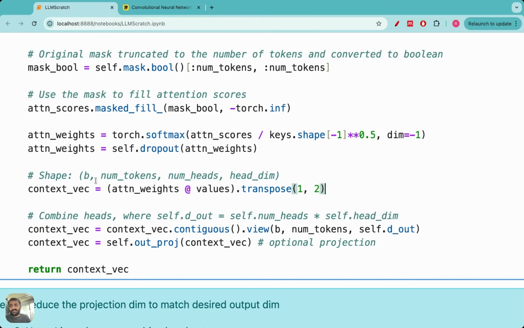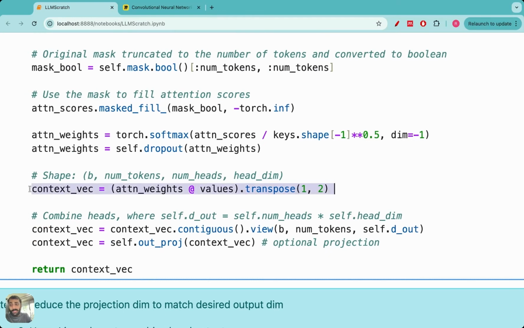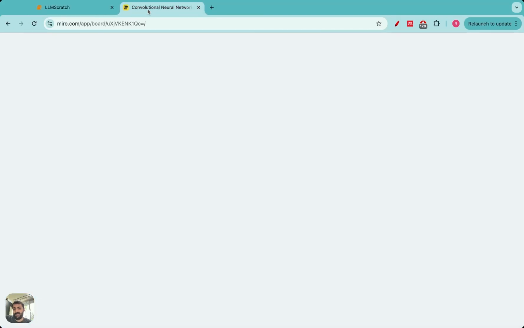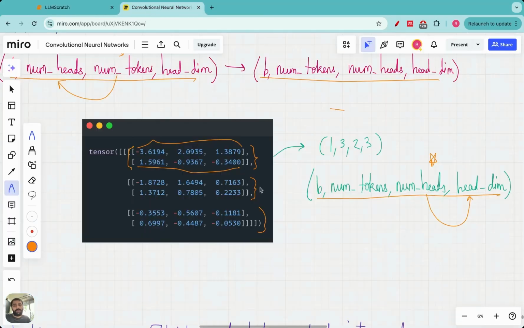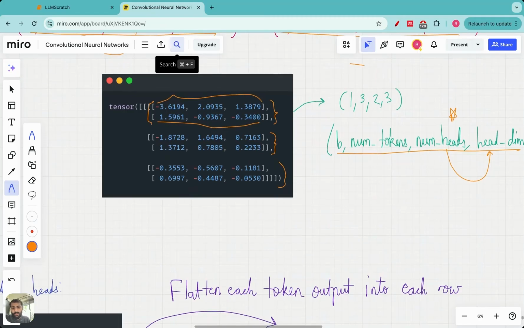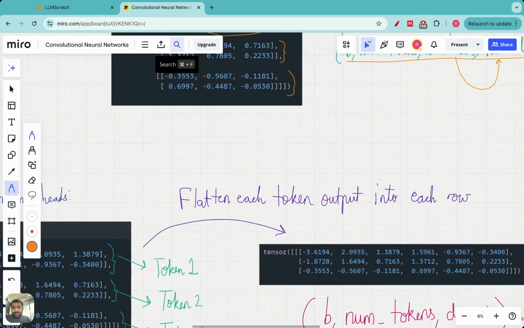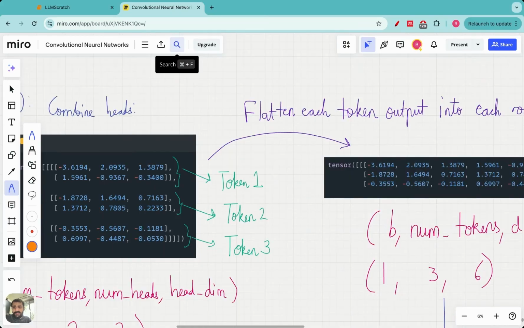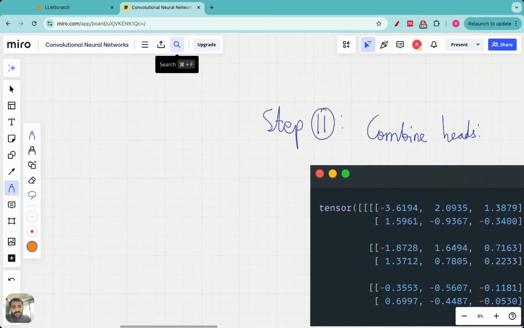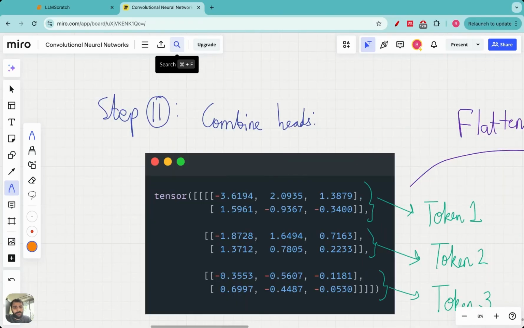So here you can see this is what we have reached up until now, where the context vector is obtained and it's in the correct format. The last step is that we have to combine the results from multiple heads. This is the context vector matrix which we have obtained right now.